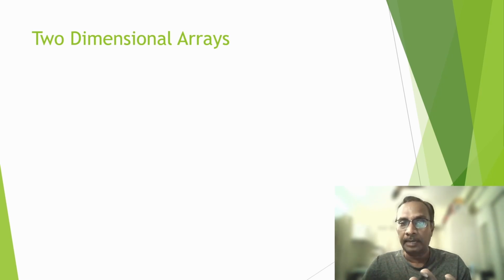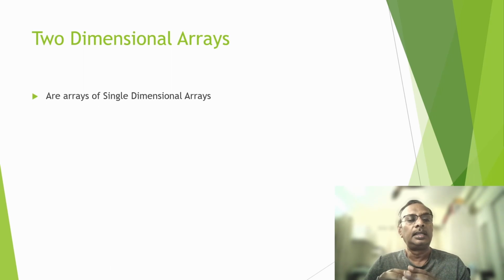It has to have the same type of data and the memory allocation will be continuous, but it is an array of single dimensional arrays, right? So two-dimensional arrays are arrays of single dimensional arrays, and they are used to represent sets of sets.